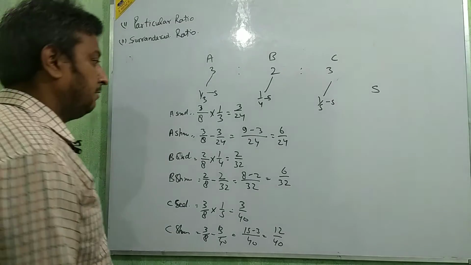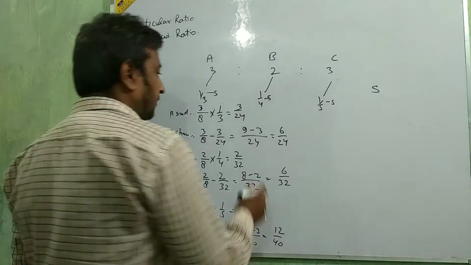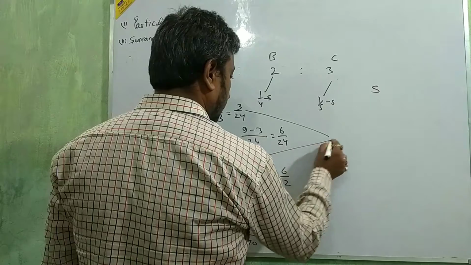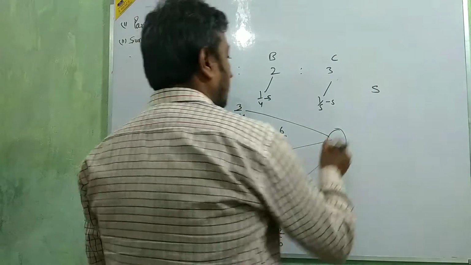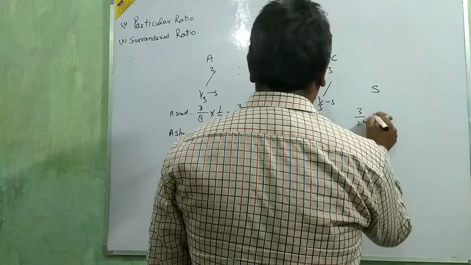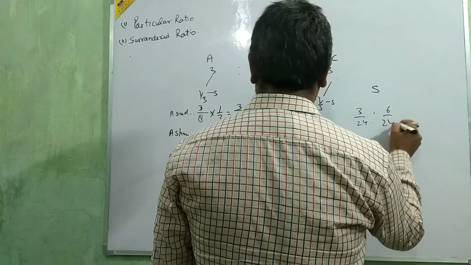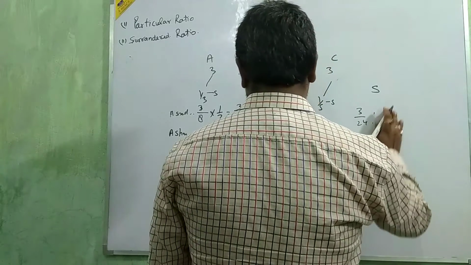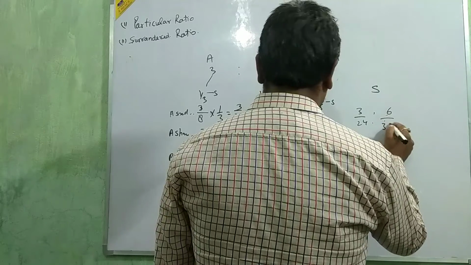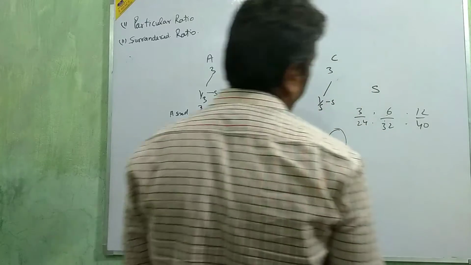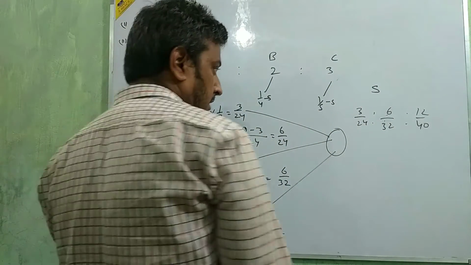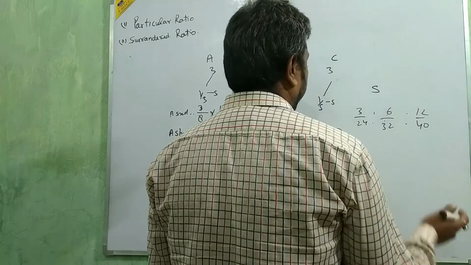Okay. Then we are going to calculate the ratio of S. The total of these surrenders is the ratio of S. It means 3/24, 6/32 and 12/40. Okay, beta? 12/40.